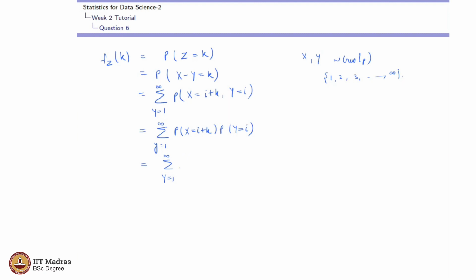So this you are going to write as (1 minus p) to the power i plus k minus 1 into p. Similarly, at the ith trial you have the first success for the random variable Y. So this you will write as (1 minus p) to the power i minus 1 into p. So this is going to be p squared, sum over (1 minus p) to the power i plus k minus 1 plus i minus 1, where i will vary from 1 to infinity.